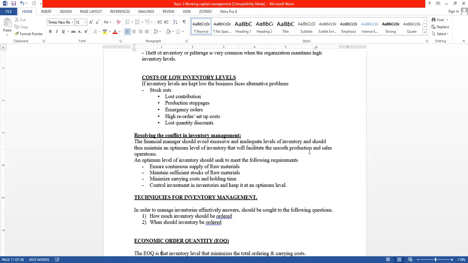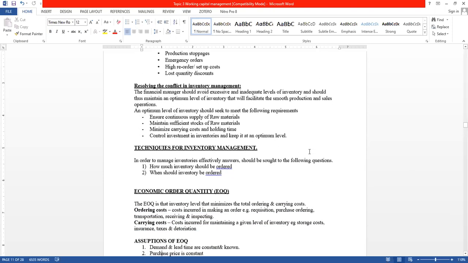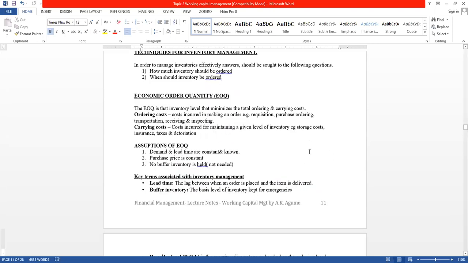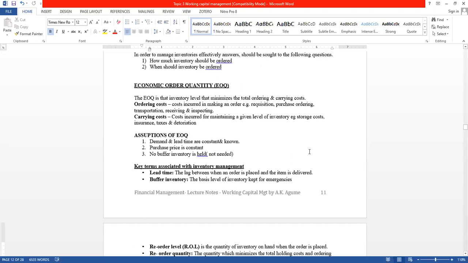Some of the techniques for inventory management, we have what we call economic order quantity, EOQ. This model, or this technique of inventory management, minimizes the total ordering and carrying costs.